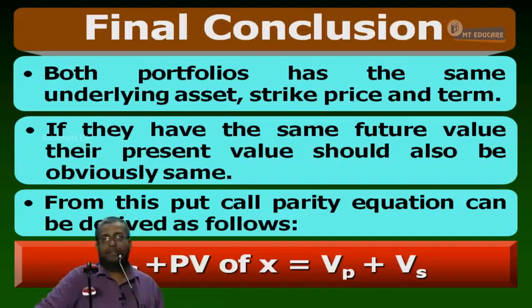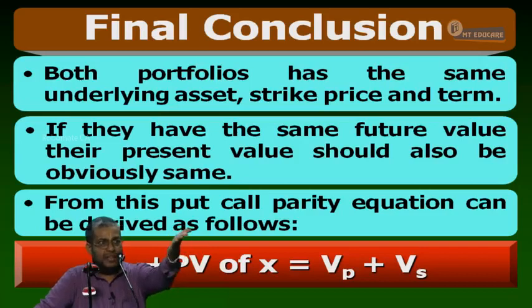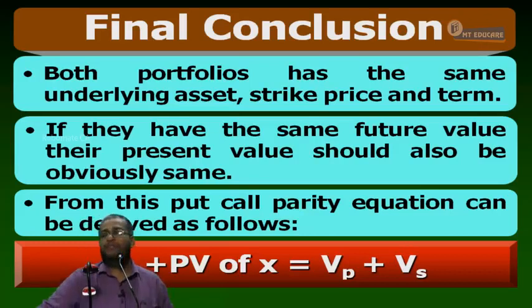If parity is absent, what is present? Arbitrage is present. If parity is absent, arbitrage is present. Can I proceed? Next.